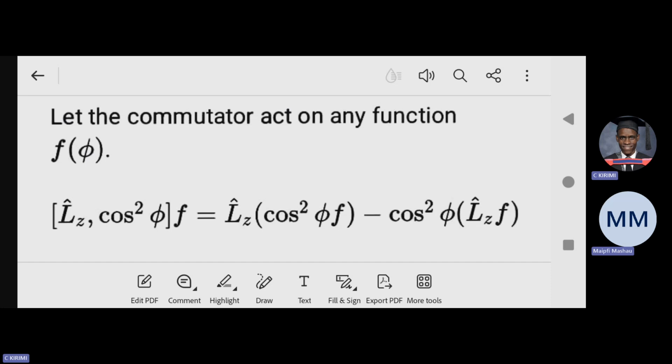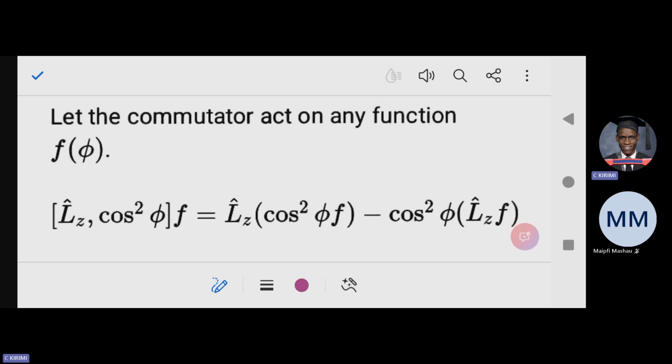So L_z, it goes first multiplied by the second. But because always, whenever I deal with this one, this times this, the f must always be sitting on the right.